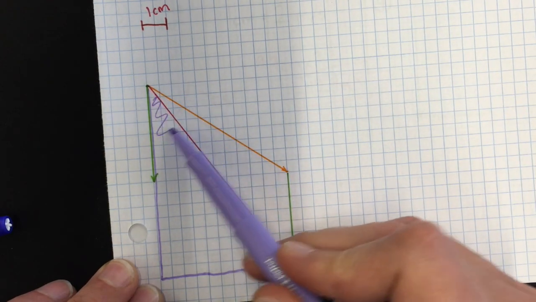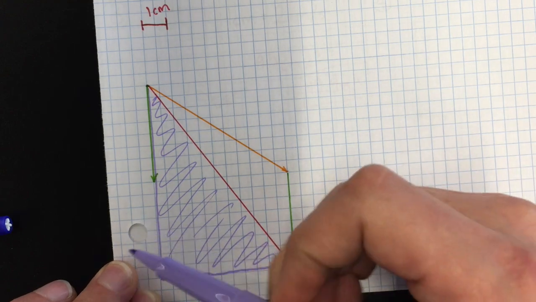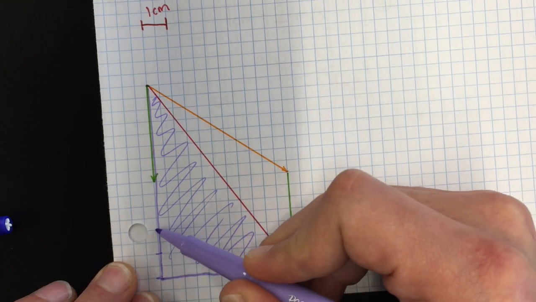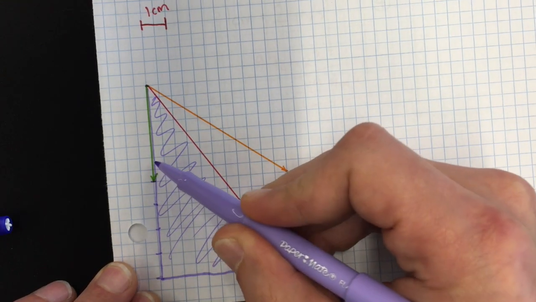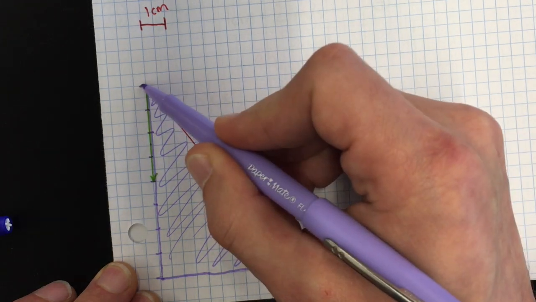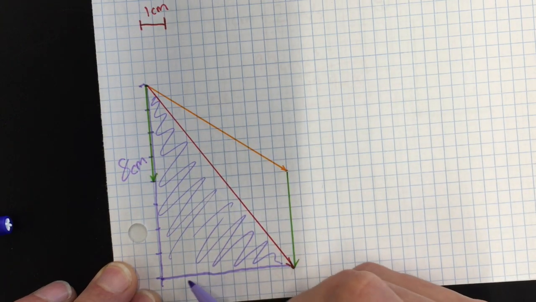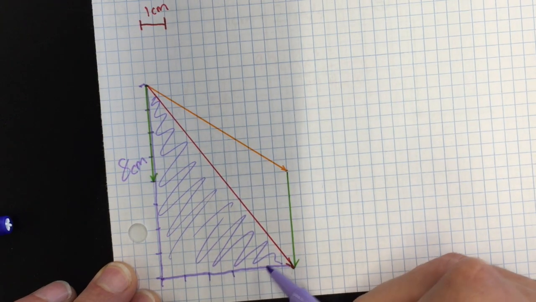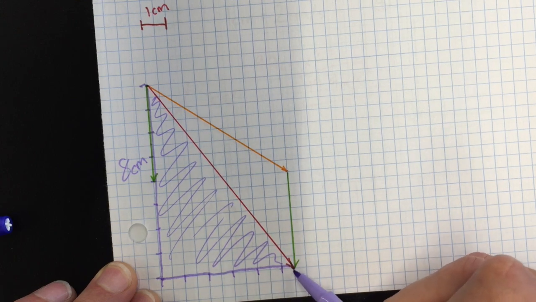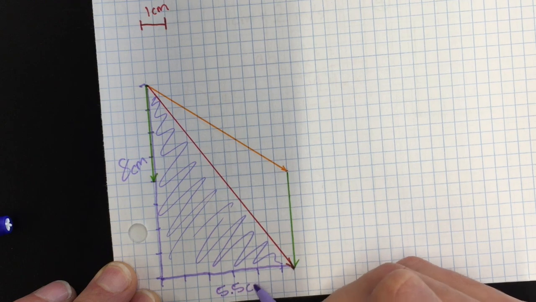Now we have a whole triangle, and the red line is one of the sides of that triangle. So the height is 1, 2, 3, 4, 5, 6, 7, 8 centimeters tall. And 1, 2, 3, 4, 5.5 centimeters wide.